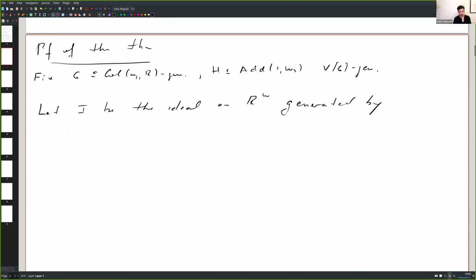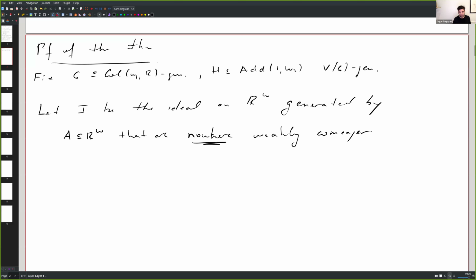A, by which I mean subsets A of R to the omega that are nowhere weakly omega. What does nowhere mean?